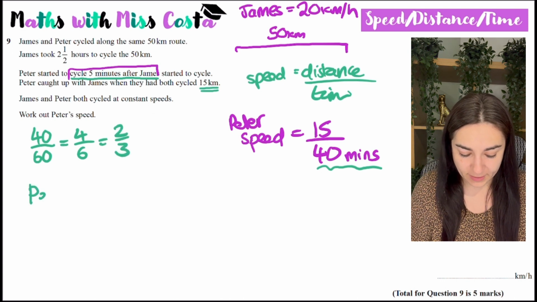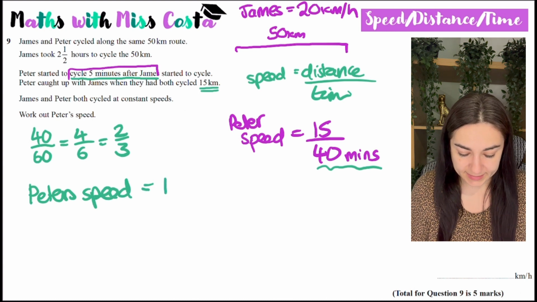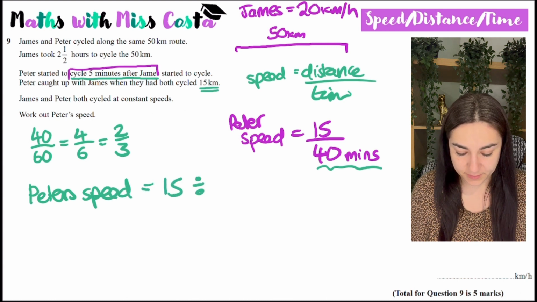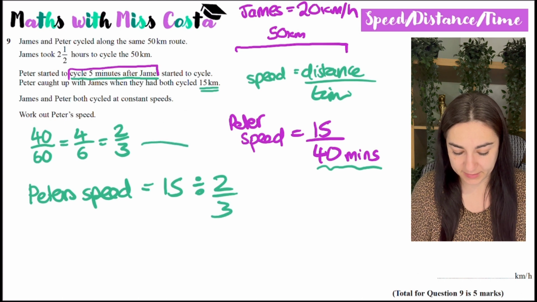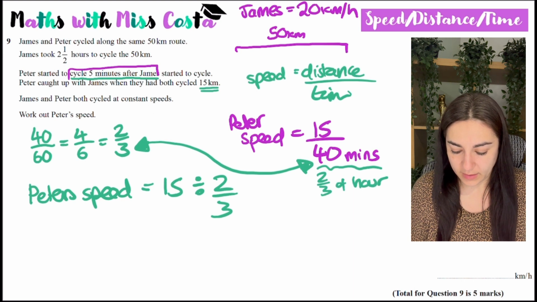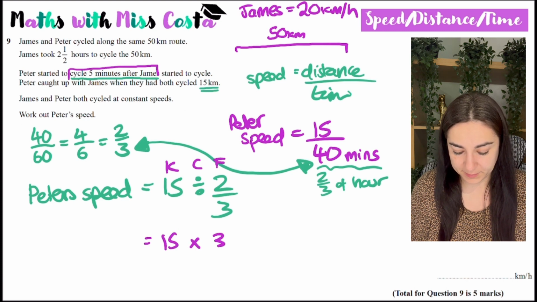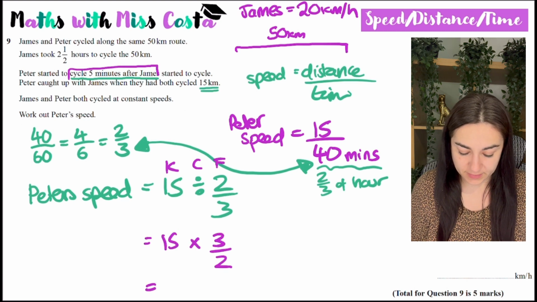So to find out Peter's speed, what I would need to do is 15 divided by 2/3 because 40 minutes is equivalent to 2/3 of an hour. And once I'm dividing fractions, what do I do? Keep, change, flip. So that would become 15 times by 3 over 2. 15 times by 3 is 45.